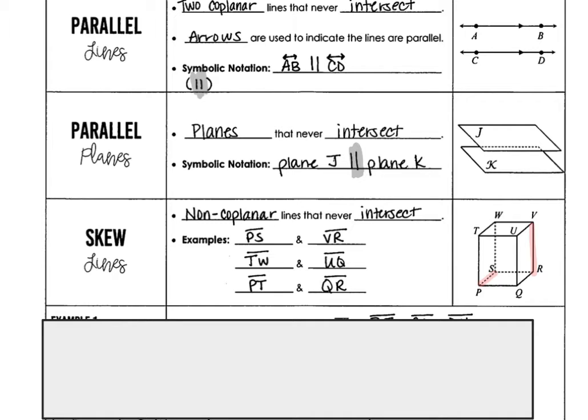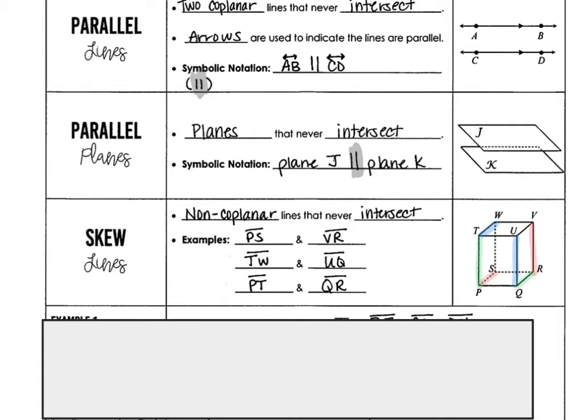And then you can see also TW and UQ are skew, and PT and QR are also skew. So they're non-coplanar and never intersect, okay?